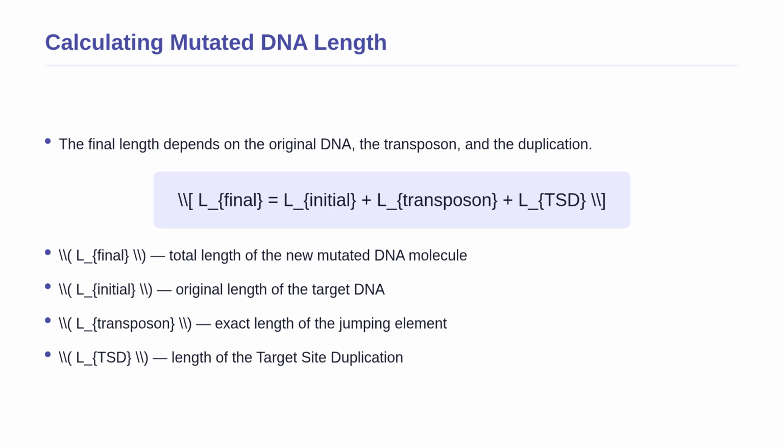L final is the total length of the new mutated DNA molecule in base pairs. L initial is the original length of the target DNA before the jump. L transposon is the exact length of the jumping element itself. Finally, L TSD represents the length of the target site duplication. If the size of the transposon increases, the final length of the DNA molecule naturally increases as well.